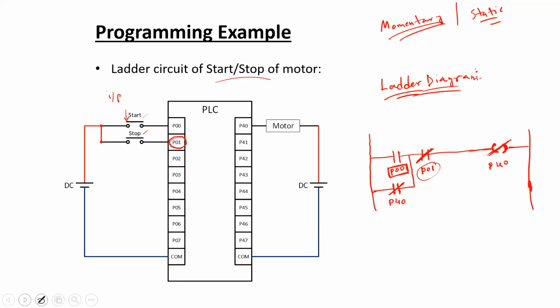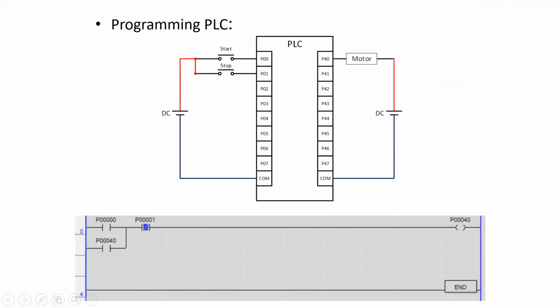Now, whatever I have discussed is also summarized over here. For example, this is the initial stage when only the connections are made, but no signals are provided either from the starting button or the stopping button. So this would be the initial status of each of the components.